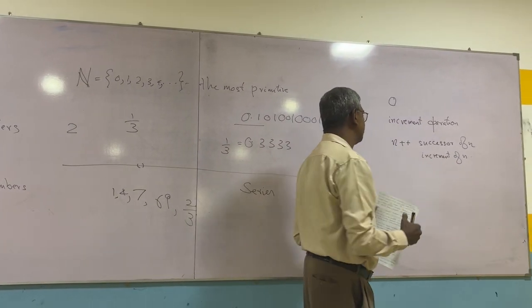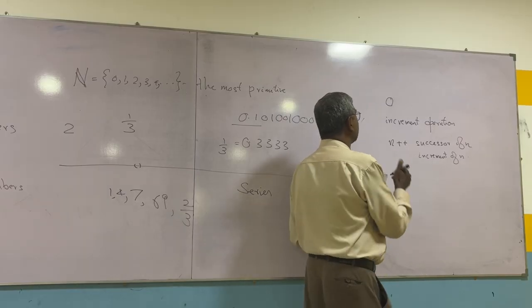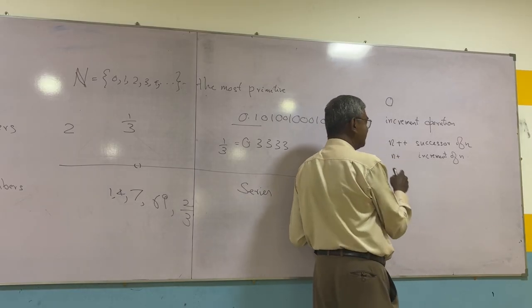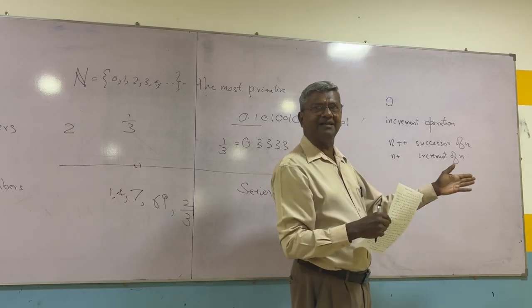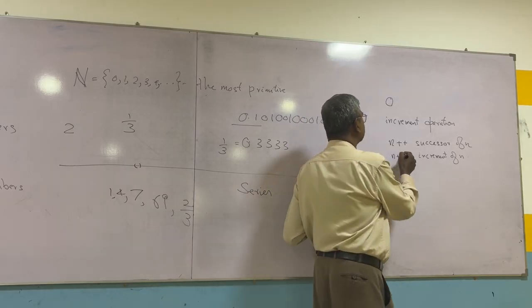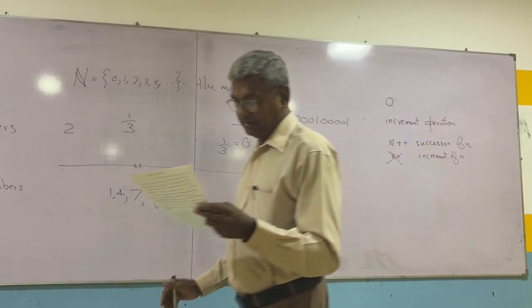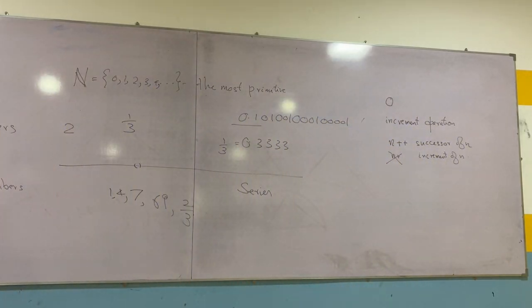Because if you are putting plus, you cannot put 1 plus, no? You cannot do like this, then they may think you are going to add. So this doesn't work. N plus plus. So the 0 number 0 and the increment operation. Can you see? Two basic things.